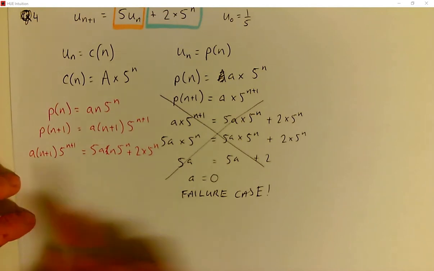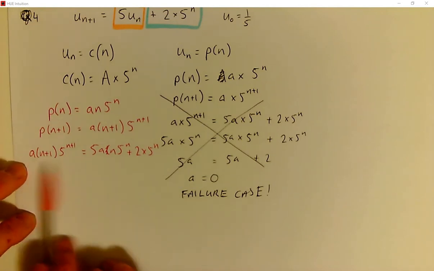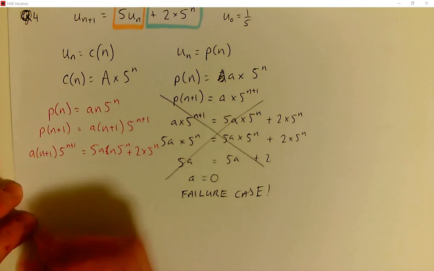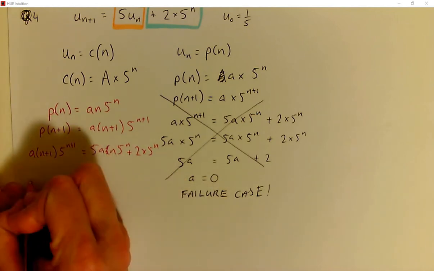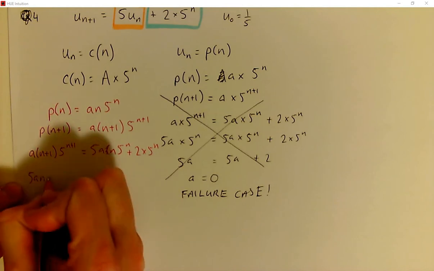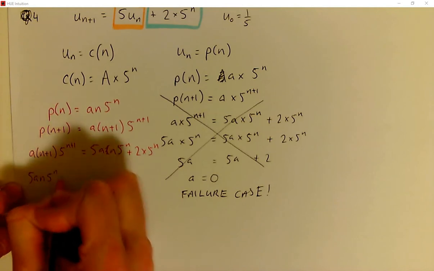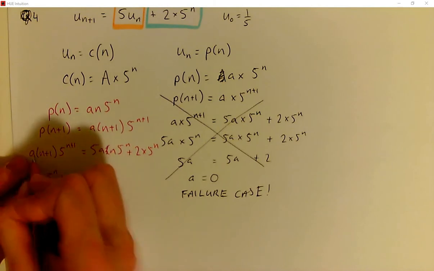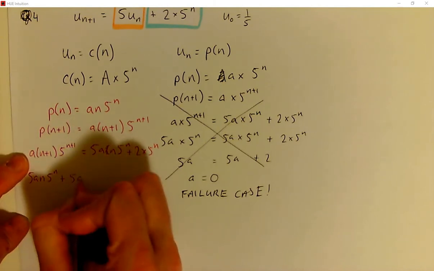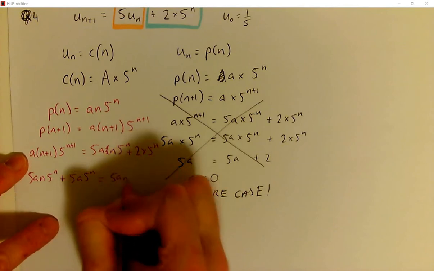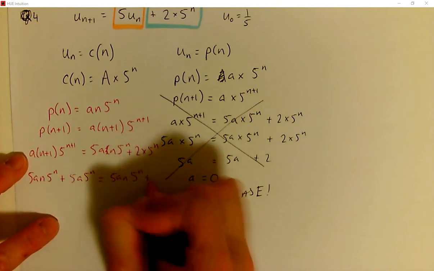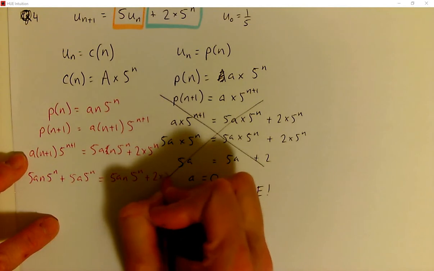So if we write everything in terms of 5 to the n, again it's easier to figure out what a will be. So we have got 5an times 5 to the n plus, and then we'd have 5a times 5 to the n is equal to 5an times 5 to the n plus 2 times 5 to the n.